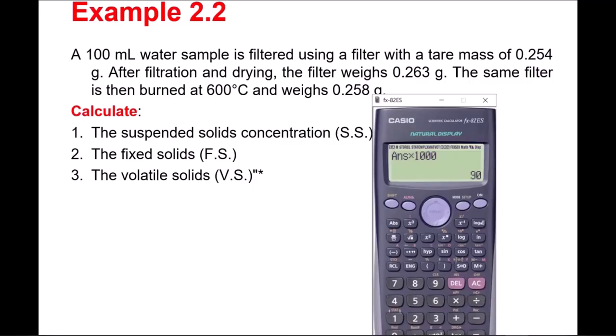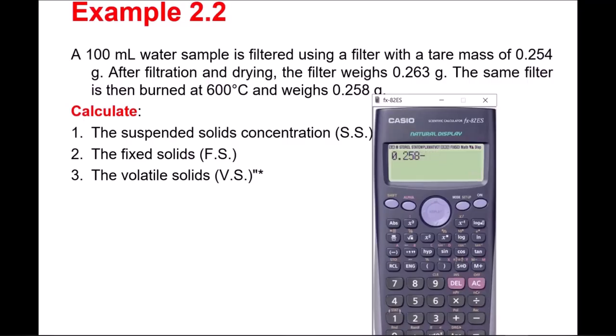Now, if we burn the filter at 600 Celsius and weigh it again, we get 0.258 grams. The weight decreases because some organic material volatilizes. To calculate the fixed solids, we take the new weight after burning minus the original tare, divided by the sample volume.